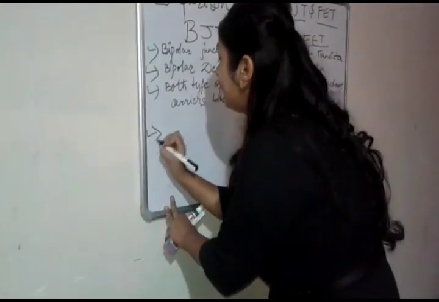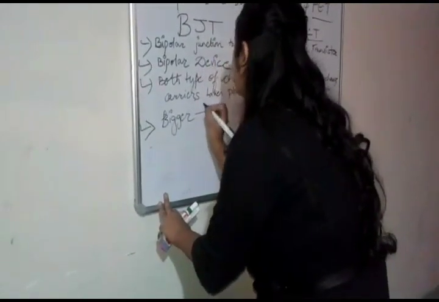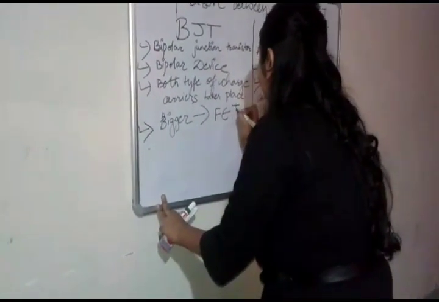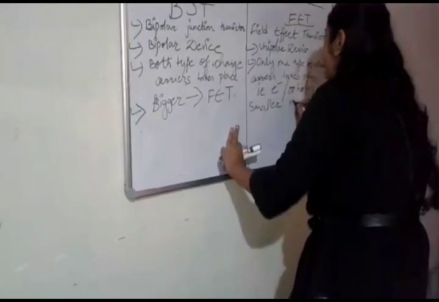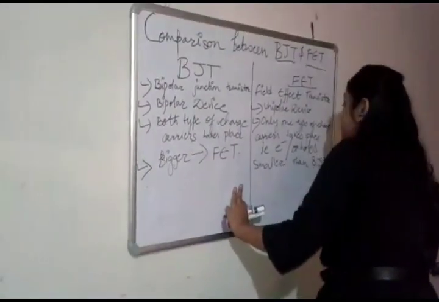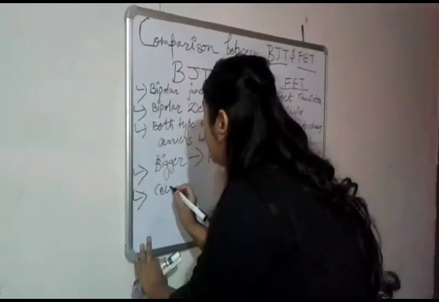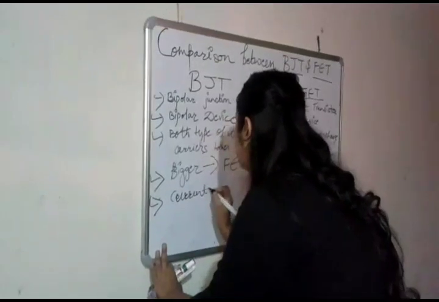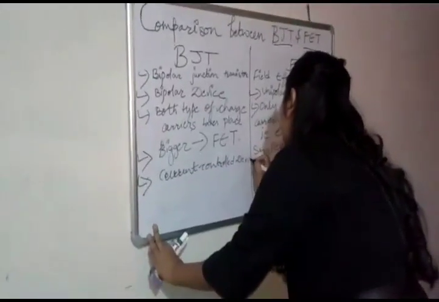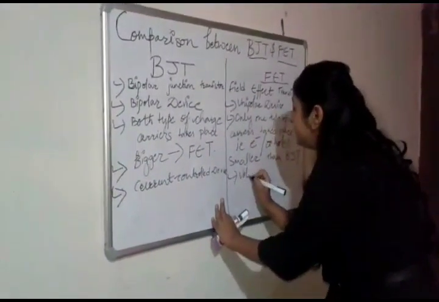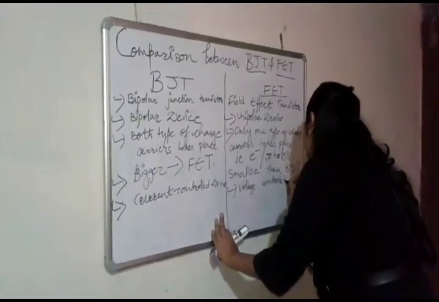BJT is bigger compared to FET, and FET is smaller than BJT. BJT is a current controlled device, whereas FET is a voltage controlled device.